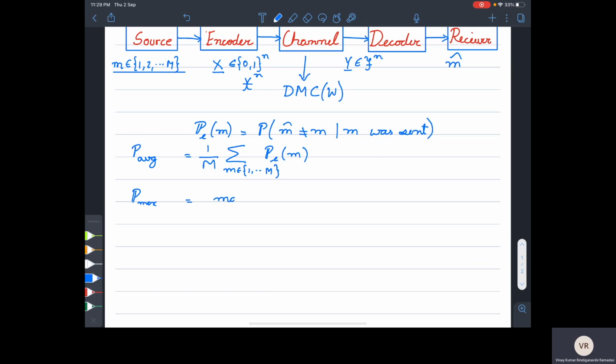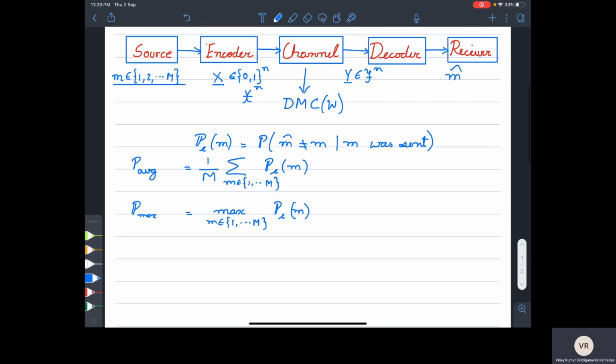It is defined as the maximum over all the code words of this probability of error when message M was sent.